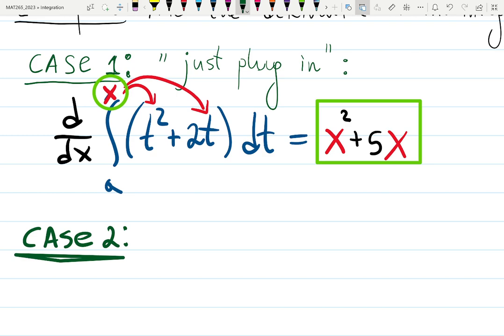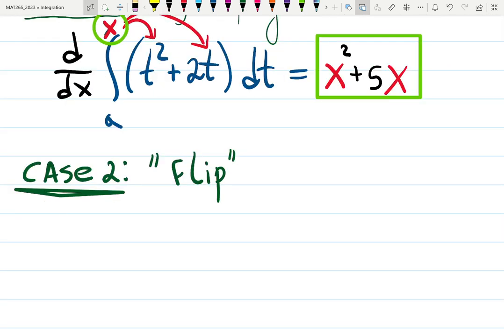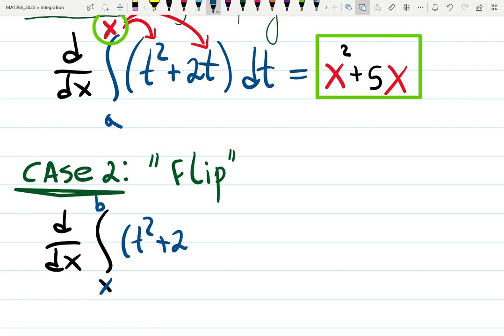Okay, that's the other one. What if you have to flip it? Because the integral is the same d dx, but it is from x to b of t squared plus 5t. I know I put 2, can you fix it to 5?